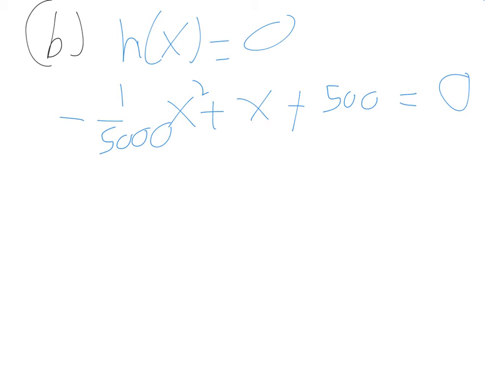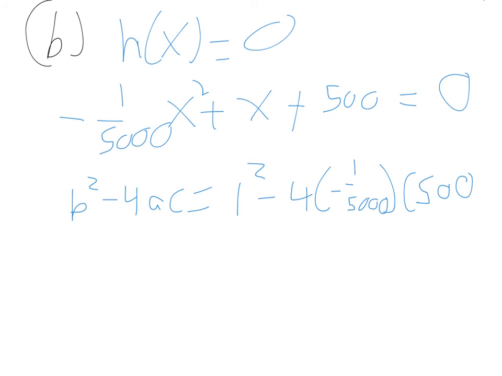Because if the discriminant is negative, that means we probably did something wrong in the previous example. Remember, it's b squared minus 4ac. So it'd be 1 squared minus 4 times negative 1 over 5,000 times 500. So that means the discriminant would be 1.4. That means we do have 2 real roots, one of which will probably be positive.